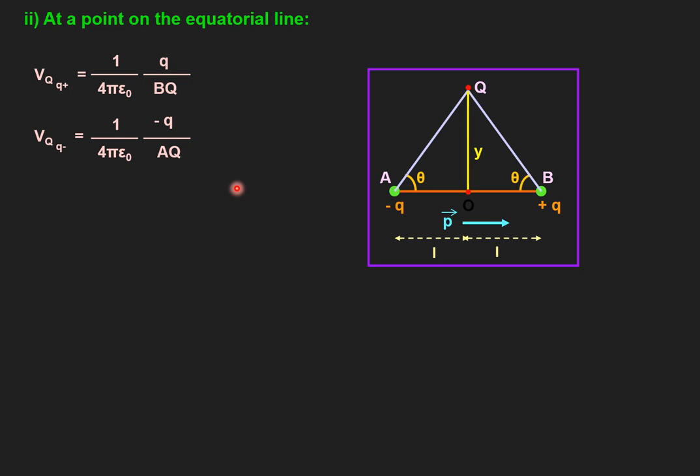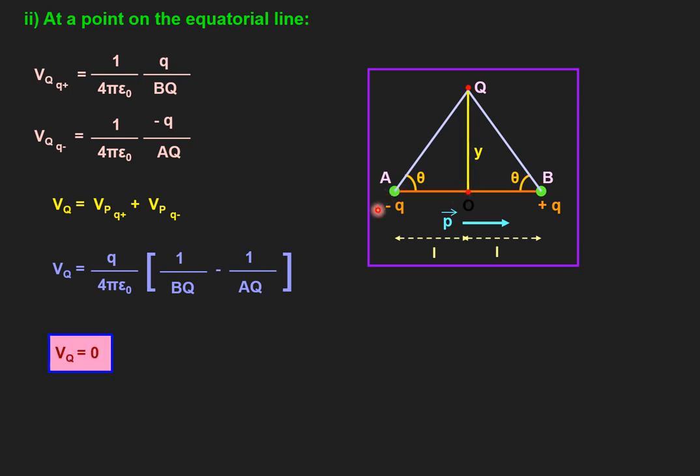Using Pythagoras theorem, we can put the value of BQ and AQ. It will be Y square plus L square. From these two right angle triangles, it is very clear from the symmetry that AQ and BQ are equal in magnitude.